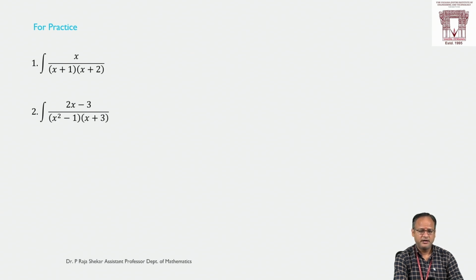The first one you can evaluate like the first example, as we find linear terms x plus 1 and x plus 2, whereas the second one is similar to the second example where we have a quadratic, a second degree expression x square minus 1. Hope you answer these two questions just as in the examples that we have discussed.